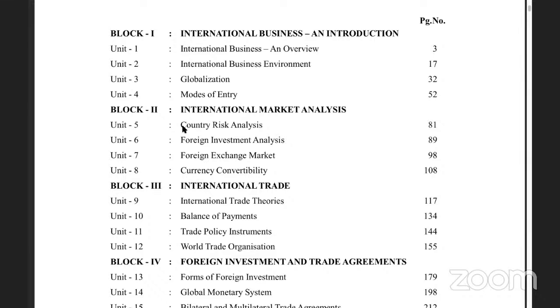Sir, what is an index fund, sir? Index fund is one of the instruments of raising capital from the capital markets. We are talking about international trade, international business. Index funding comes under international capital markets.